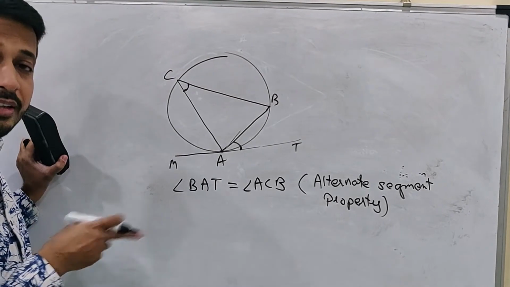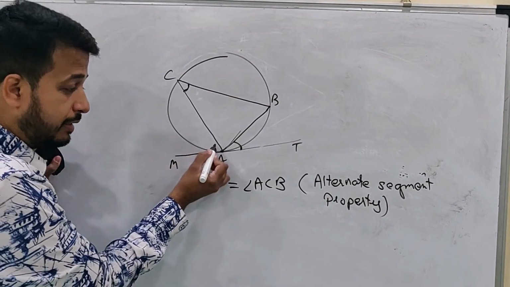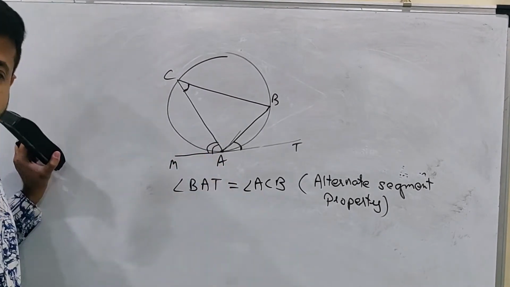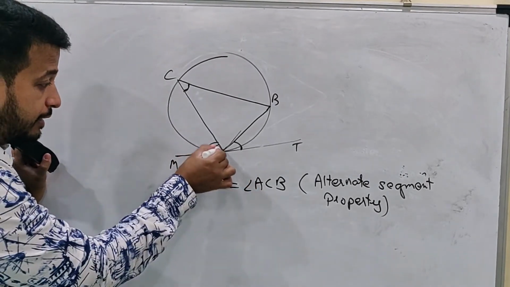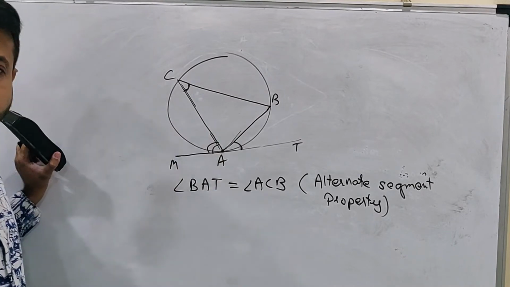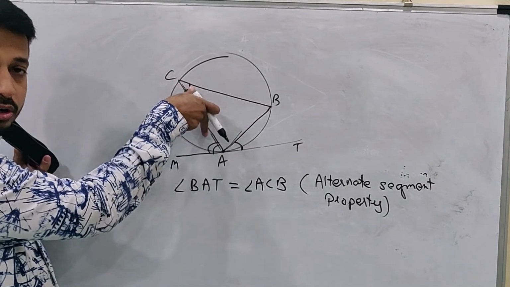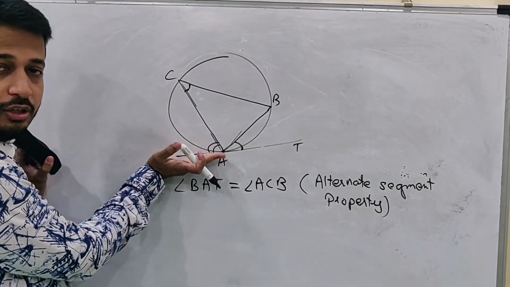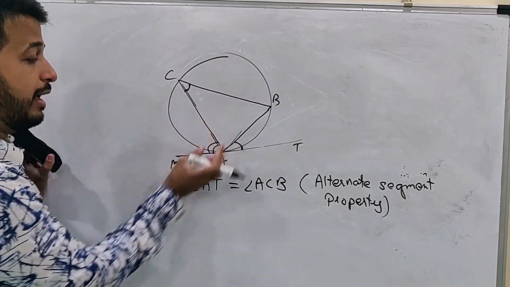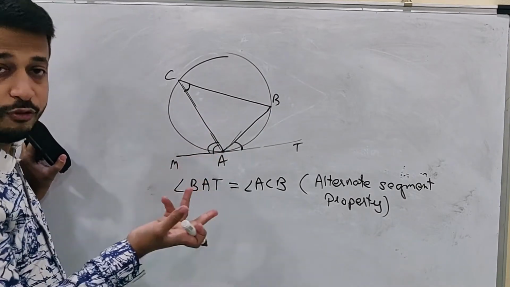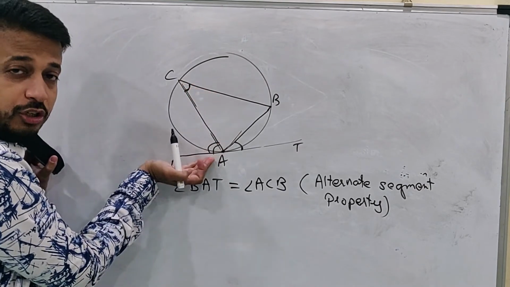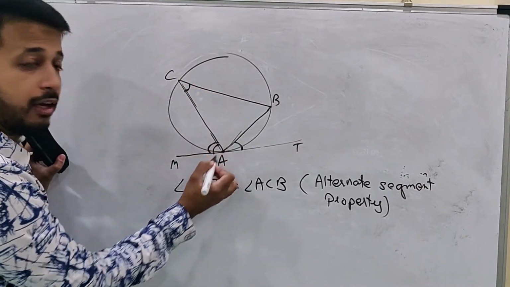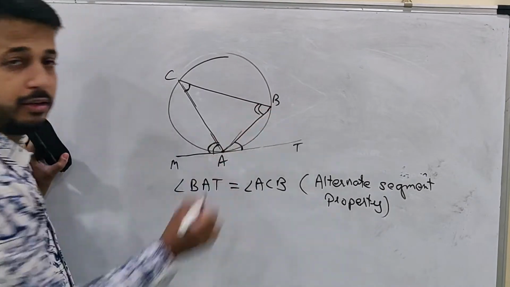If you check the figure, there is one more angle. Because this is my tangent, this can also become a chord now. So if this is my chord and this is my tangent, the angle formed between the chord and the tangent is equal to the angle formed in the alternate segment.